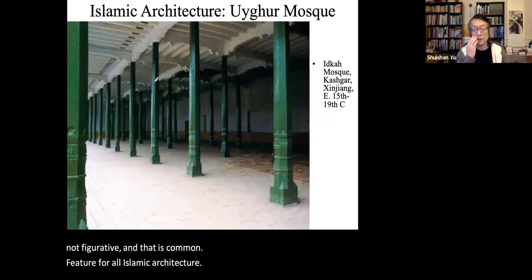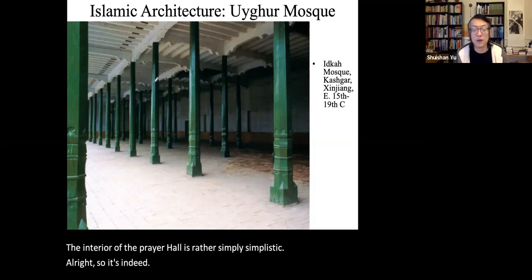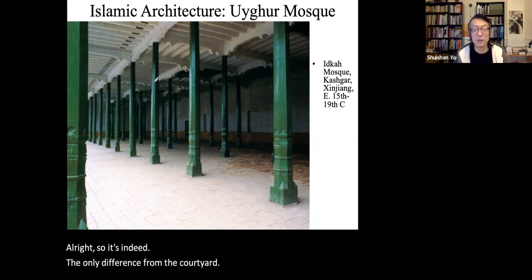The interior of the prayer hall is rather simplistic, right? The only difference from the courtyard space is that the prayer hall is elevated and under a roof, so prayers could be sheltered from the weather.